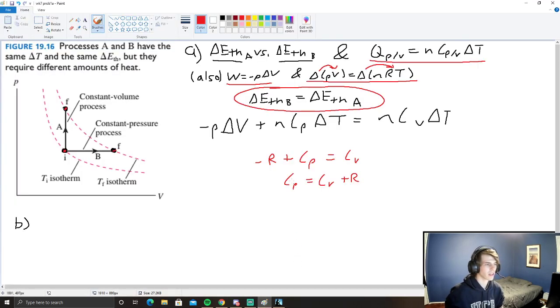So that means that to get the same temperature change while holding pressure constant, you need more energy. And if you need more energy for that constant pressure, then this Cp needs to be greater than the Cv. So that's why you need more energy when it's a constant pressure process than when it's a constant volume process. You just need more energy for that.